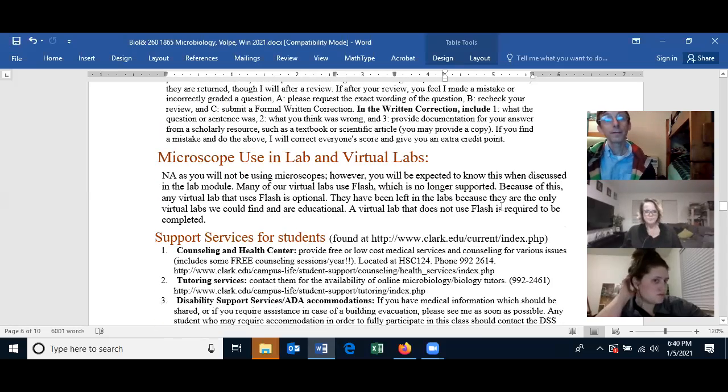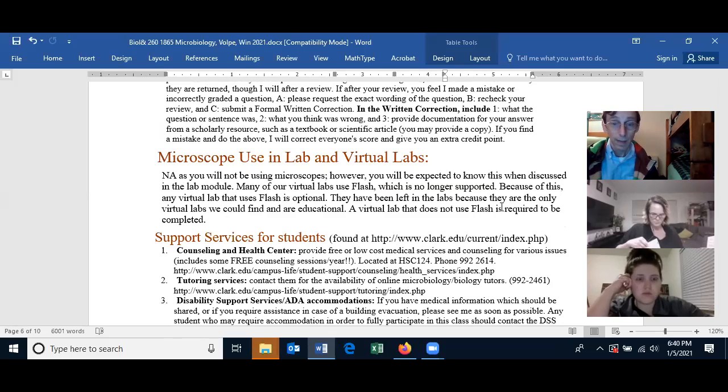Let's briefly talk about the microscope use. Microscopes are fragile. You really won't be working with microscopes because everything's going to be virtual, meaning online. But you should know the correct procedure for how to handle a microscope. And then we have several virtual labs in our lab meetings. Not every lab has a virtual lab.